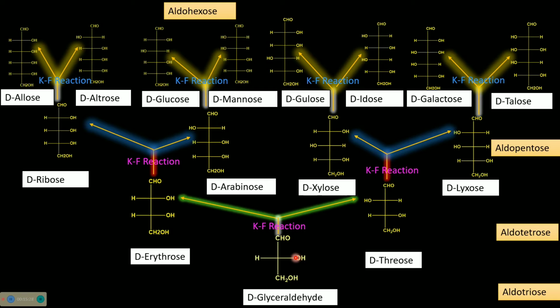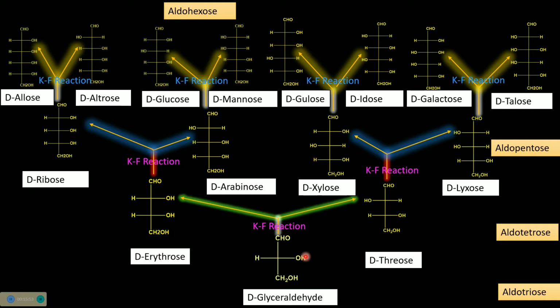Carefully see the way I am showing you. This is D-glyceraldehyde. In the Killiani-Fischer synthesis, one point is that from lower aldoses we will get two higher homologs, or higher aldoses.